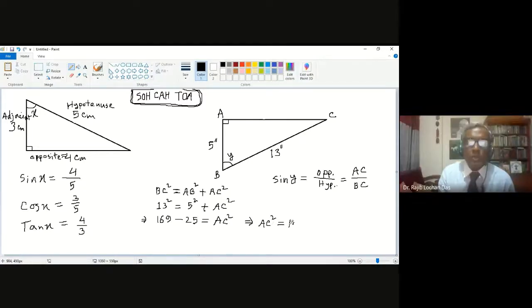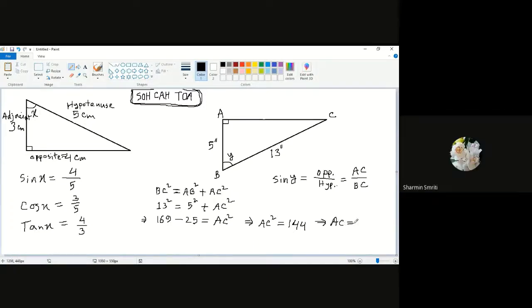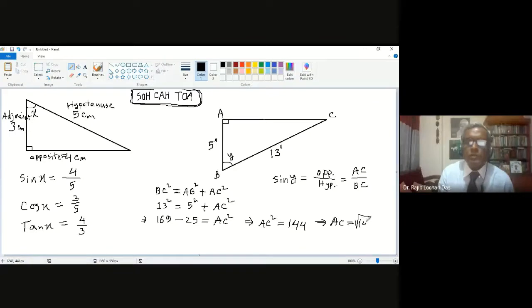When you have AC square is 144, in the next line you write AC is equal to root over 144. AC square means 144, AC means root over 144, and it is actually 12, right? Is that okay?